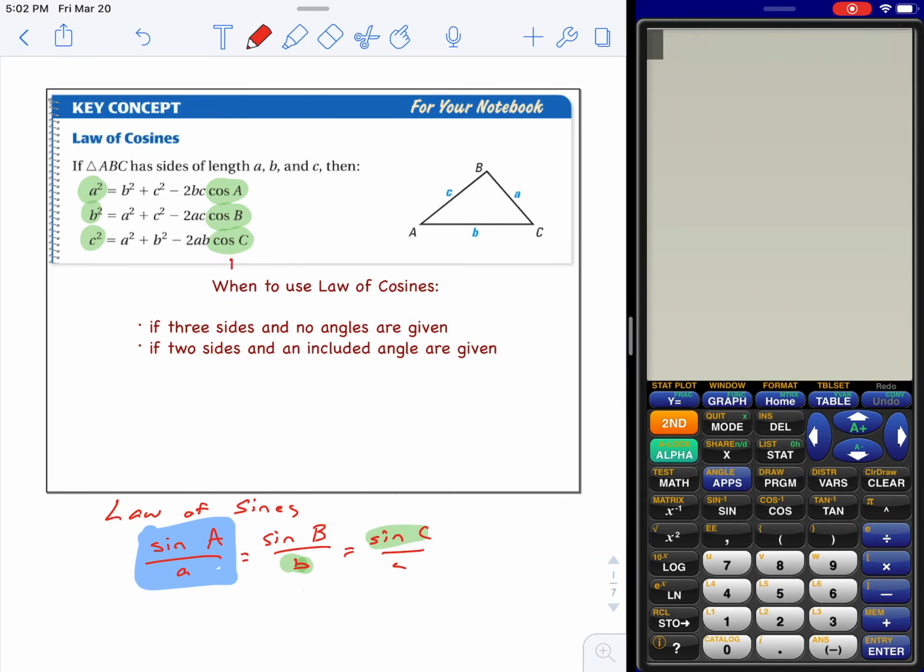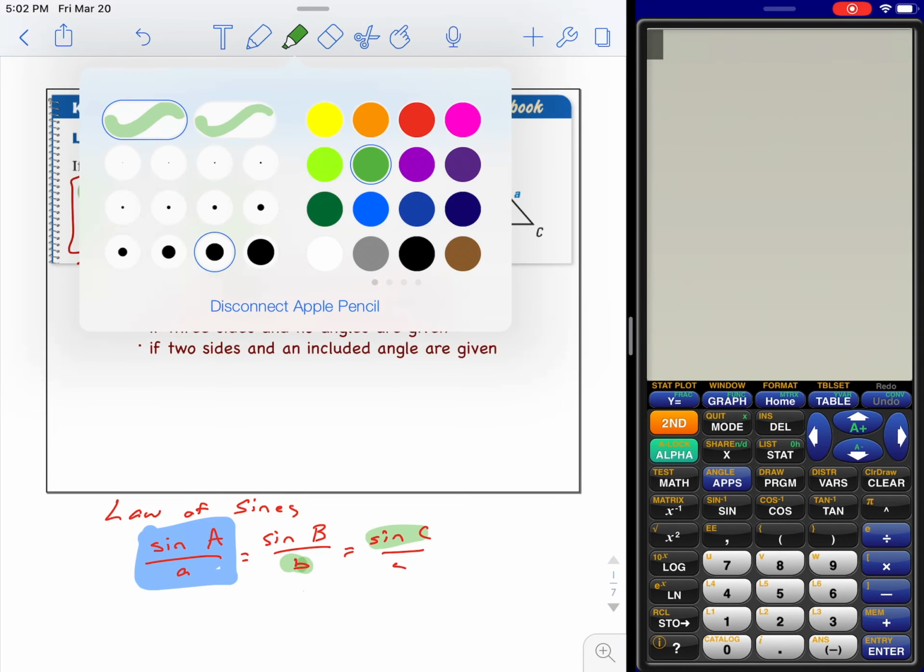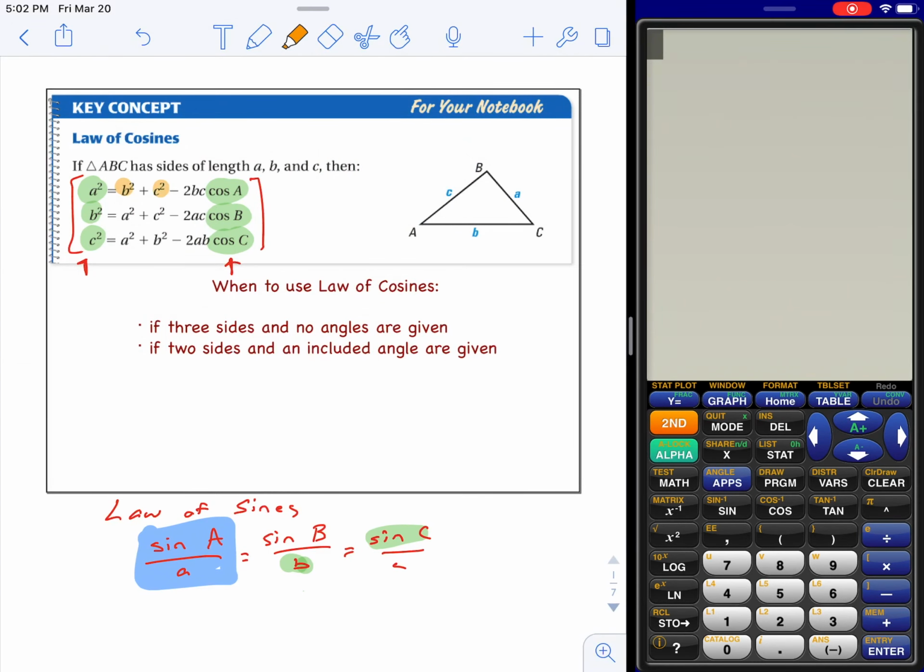So basically, whatever you need, be it an angle or a side, you pick the equation that has your side on the outside or your angle on the outside. And all this stuff on the inside is other information that you should have contained within the givens of the problem. So the stuff on the outside is what you're looking for. The stuff on the inside you should have.